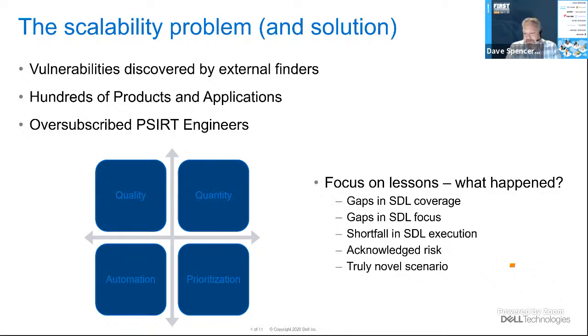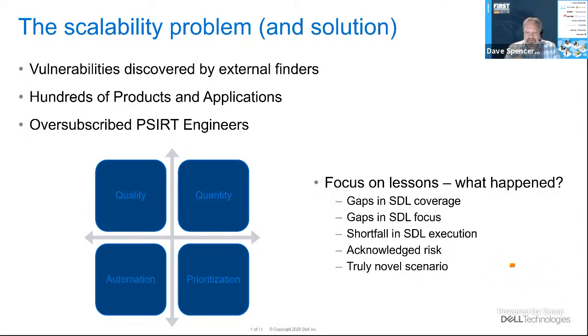There's also an interesting scenario where a team might have acknowledged that there was a risk, didn't think that it was going to actually result in a vulnerability, but it did. And then there's this last scenario, which would be a truly novel vulnerability, something new that has happened that we were totally unprepared for, and this is a chance to learn from that. So with that in mind, that was our initial focus.